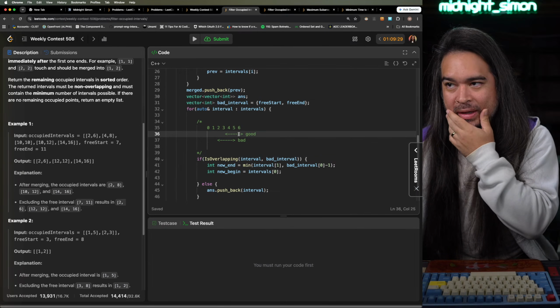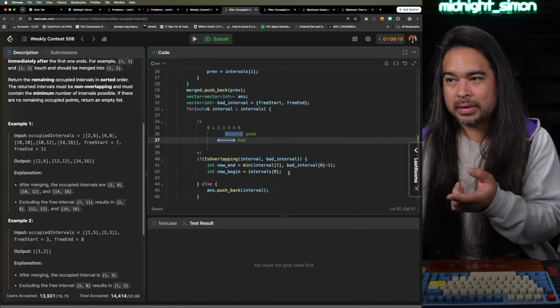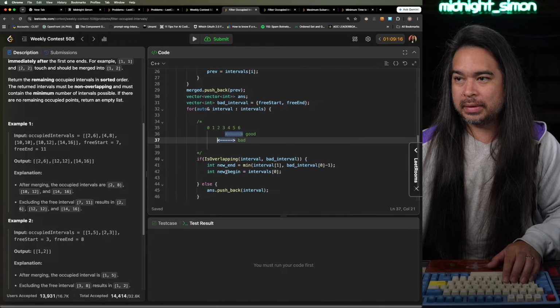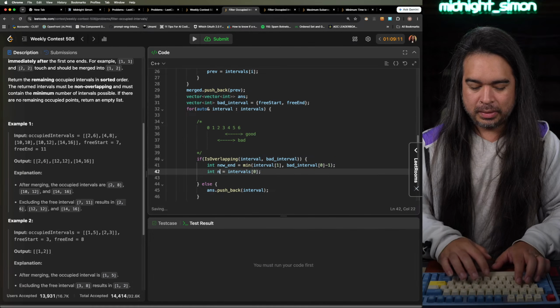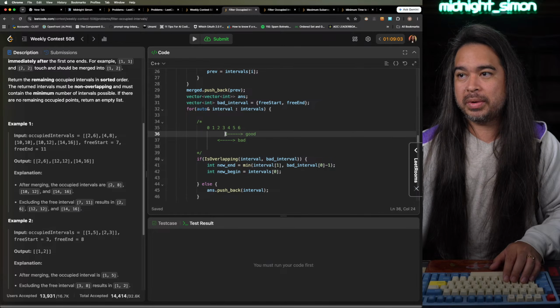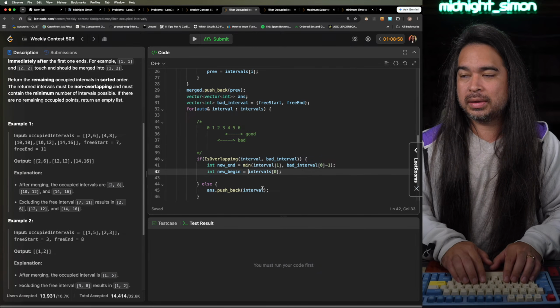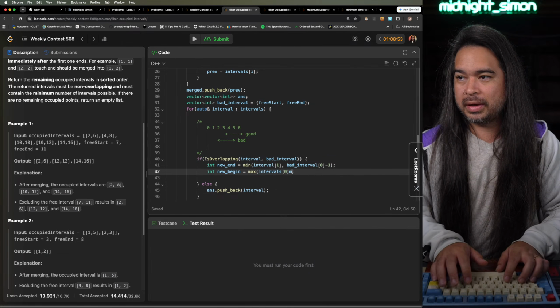So if this is the case, then we just want that 6. So then the end is the same. And then I guess the new beginning in this case would be the max of interval 0 and bad interval 1 plus 1.